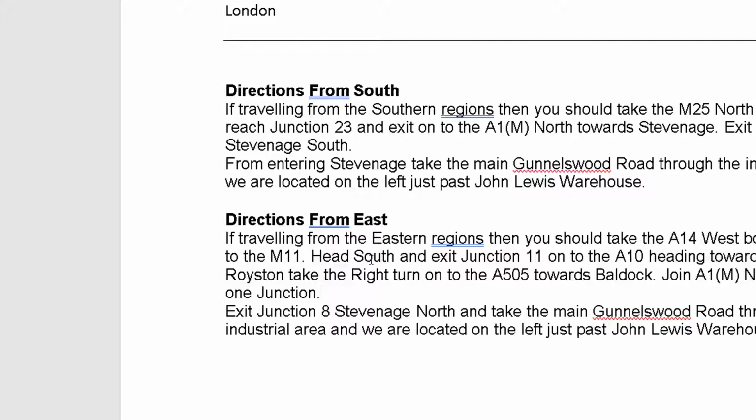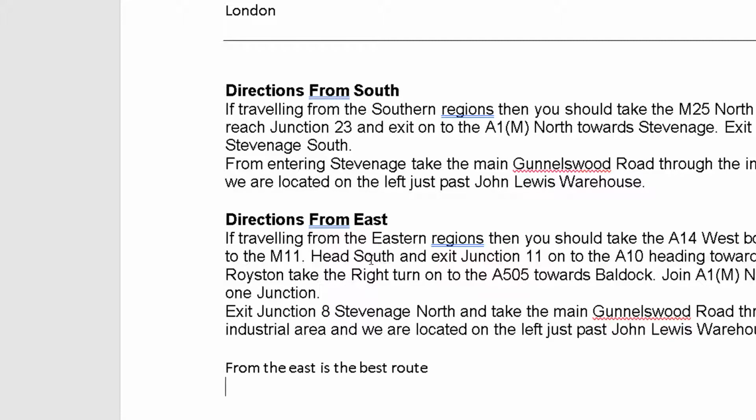What if I just wanted to type from the east without bringing in that additional AutoText? Well, then you ignore the little bubble help and you just carry on typing. Here we go. From the east is the best route. And you'll see that it just ignores what I've got stored under that phrase, from the east.